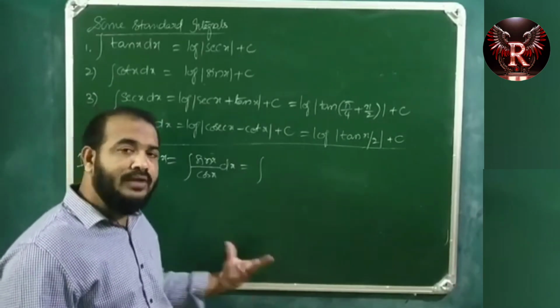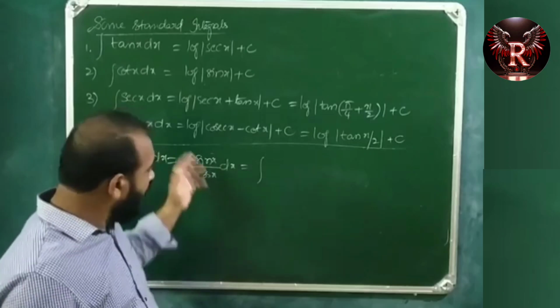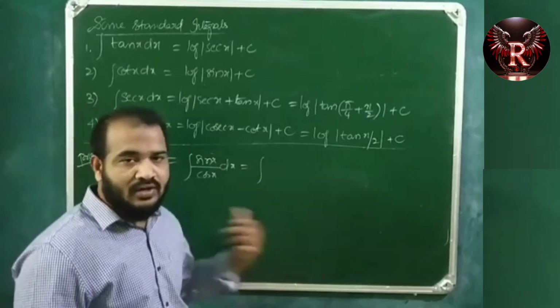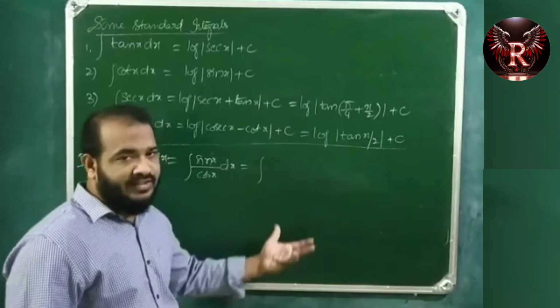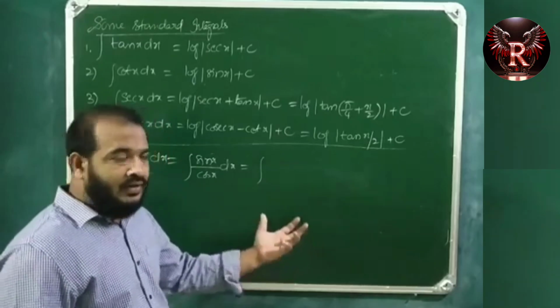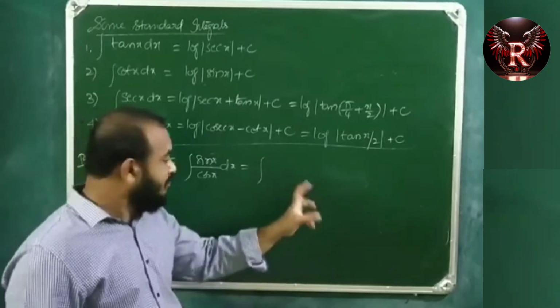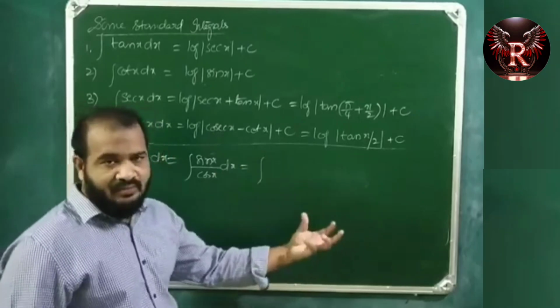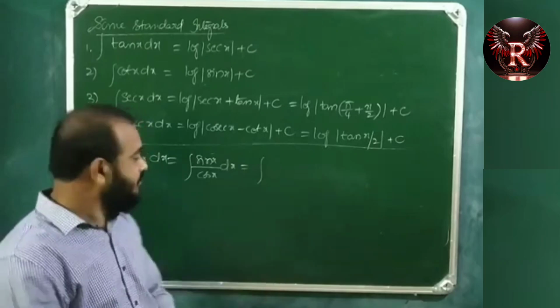Or if you are familiar with the results, then without doing all these things, you can directly come to the conclusion. So let us try to evaluate in both ways. One, by the conventional method of substituting something is equals to t, and second, directly by results.